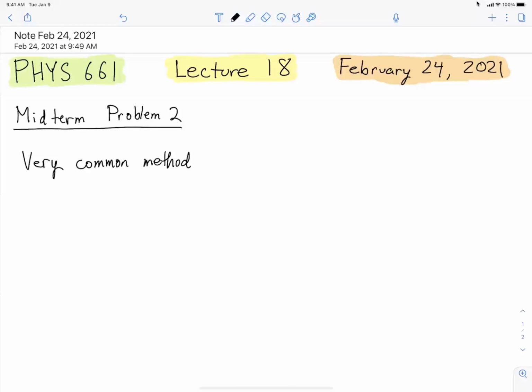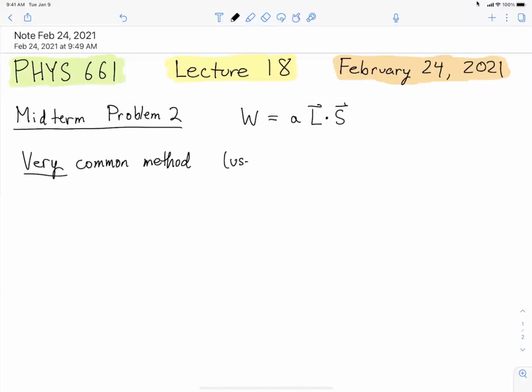It's so common that we've actually seen it several times before. First of all, in this problem we're dealing with a perturbation Hamiltonian, which is some constant times the dot product of two angular momenta.